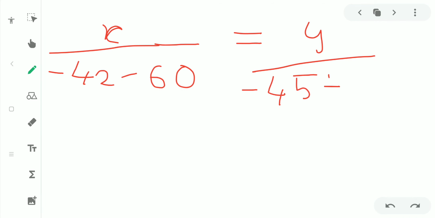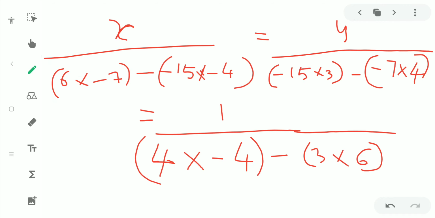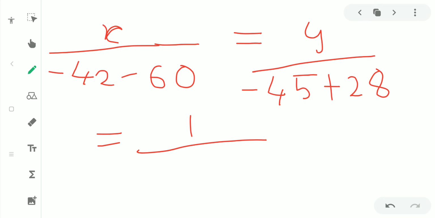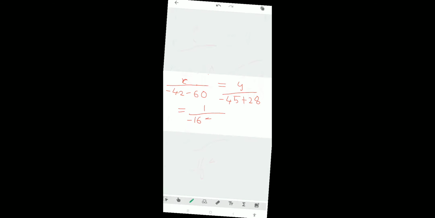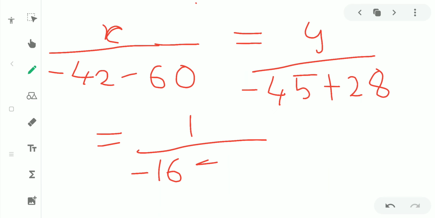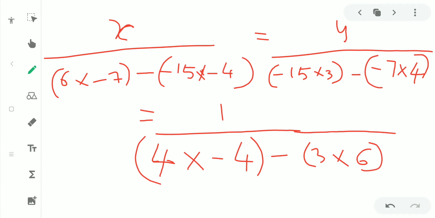So it will become plus 28, which is equal to, we should equate them with 1 as the numerator now, and 4 into minus 4, nothing but minus 16, minus, which is equal to minus 3 into 6, that is nothing but minus 18.